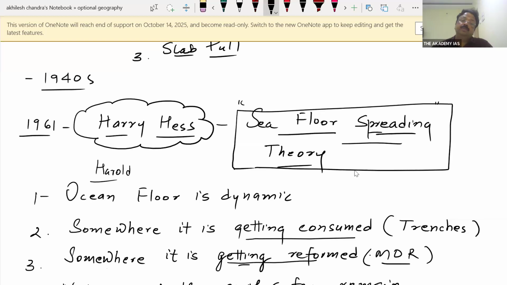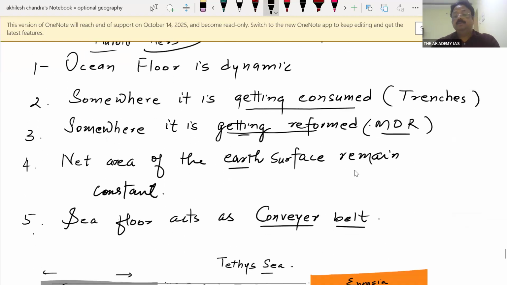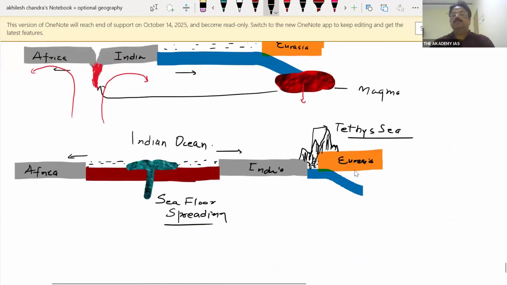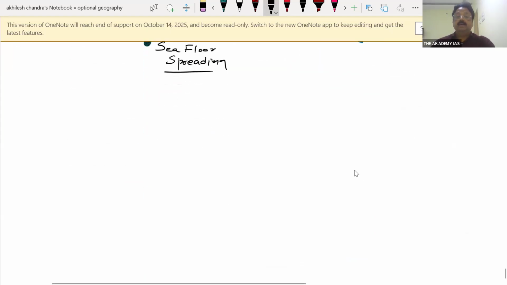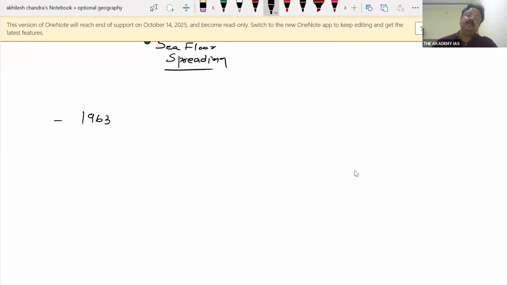Harry Hess has proposed this theory. Okay, seafloor spreading theory. So this was the case up to 1961. And then what happened after that? In 1963, another theory came, and that is the hotspot theory. It was given by James Tuzo Wilson.